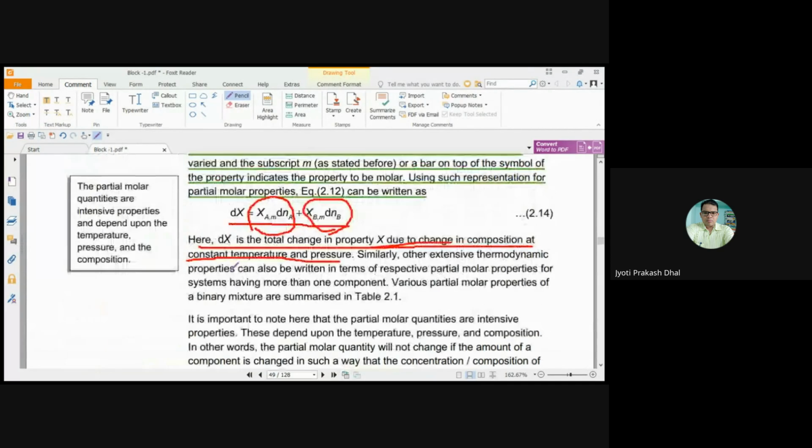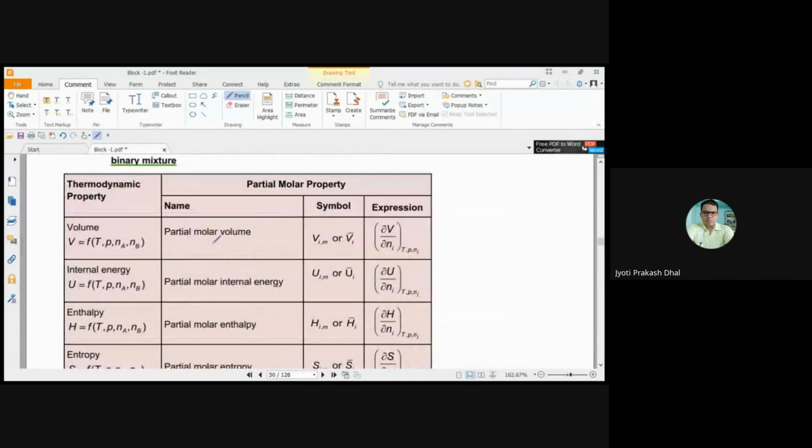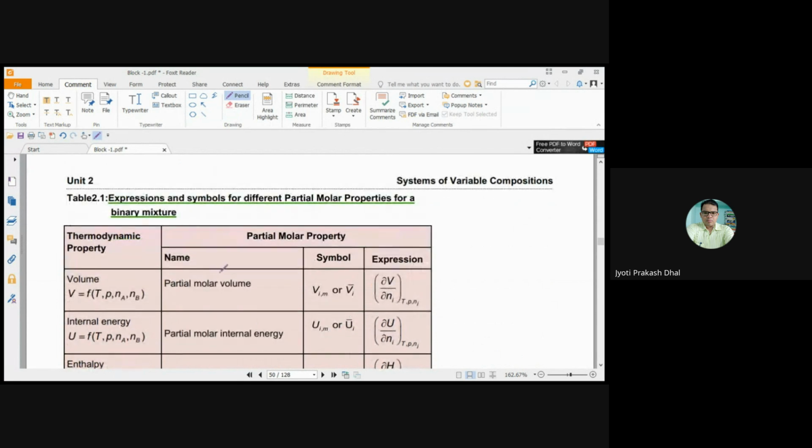Now, this expression is applicable for any extensive property X. So using this expression, dX equals X_am dN_A plus X_bm dN_B, we can write different types of partial molar properties for a binary mixture.